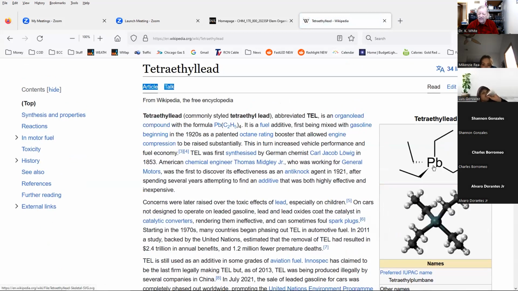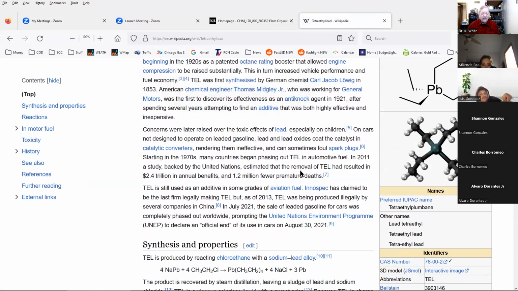It's 4 ethyl groups on lead. And until about, I want to say the 1960s or 1970s, tetraethyl lead in gasoline was outlawed. This was an additive. If you were around in the 60s and 70s, I started driving in the mid 60s, I take it back. But anyways, all gasolines had lead in it, and it was an additive.